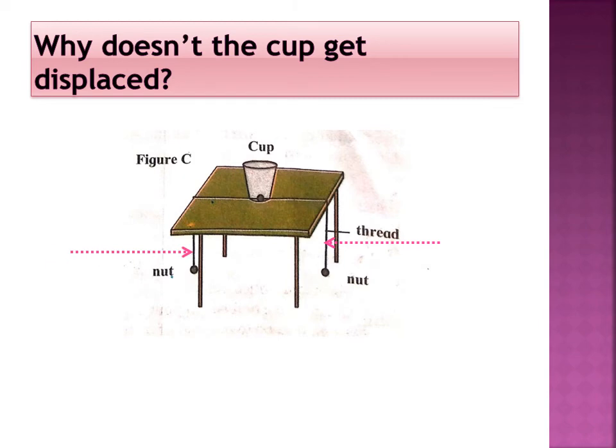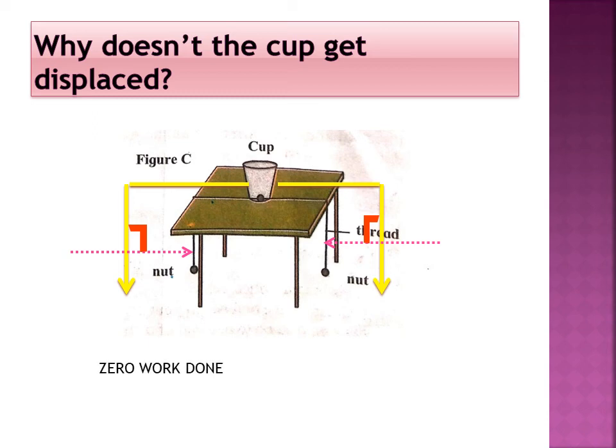Since the forces are the same, the cup will not be able to move along the direction of the thread. And one more thing, the force and the displacement are perpendicular to each other. So we can conclude here, when the force and the displacement are perpendicular to each other, or when the force does not cause any displacement, that type of work done is called zero work done.